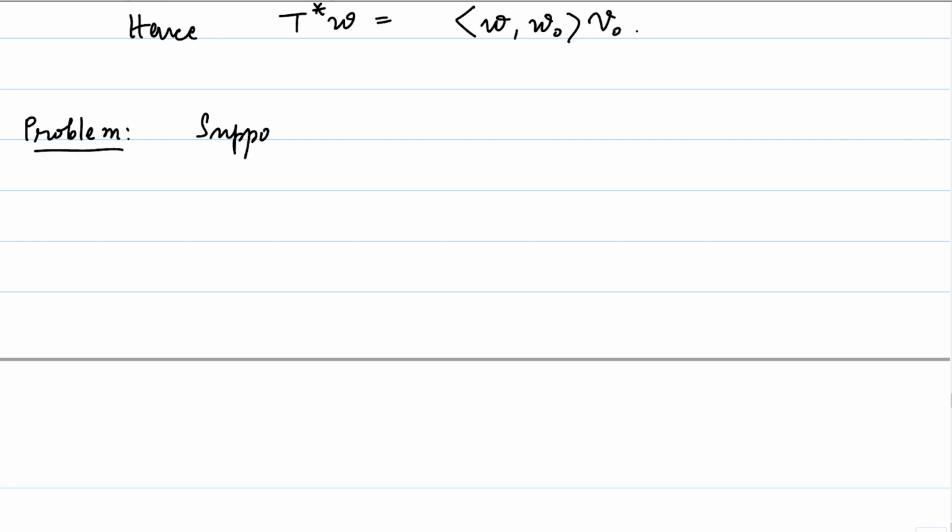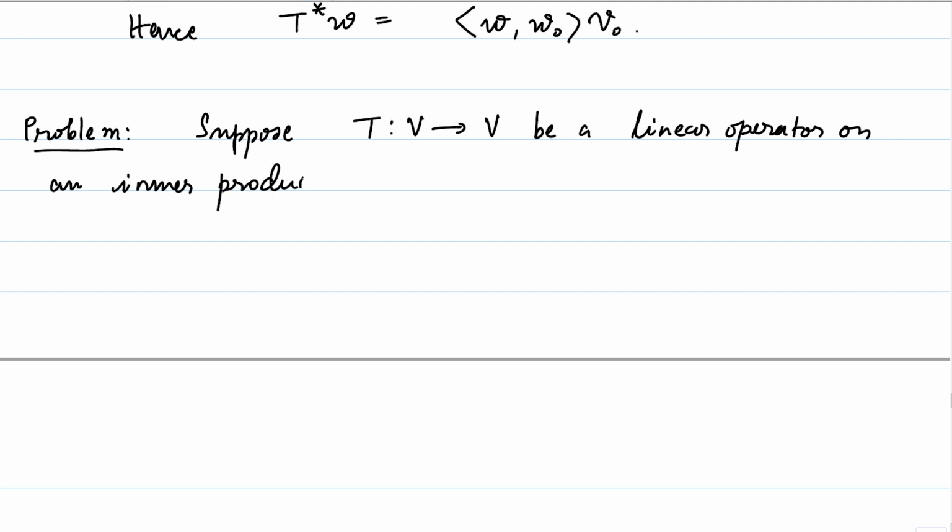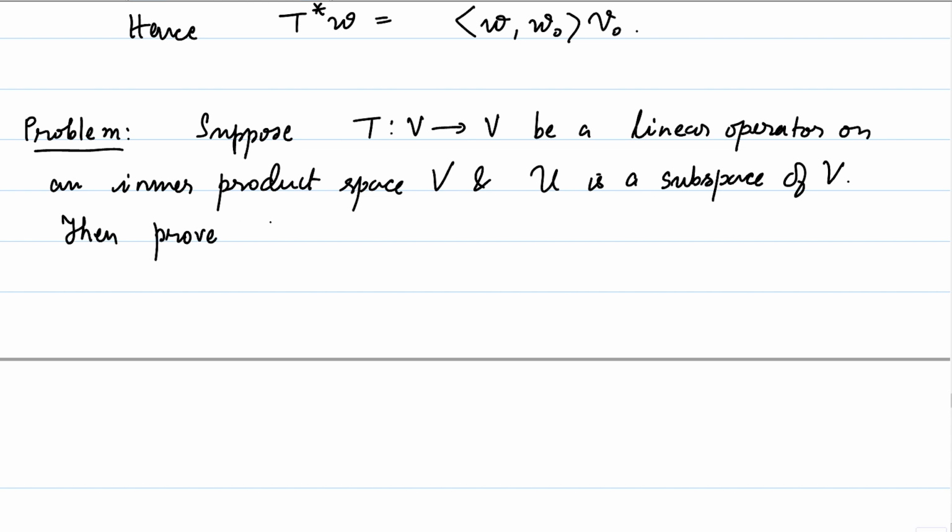Suppose V is an inner product space, T from V to V is a linear operator on an inner product space V, and suppose U is a subspace of V. Then prove that U is T invariant if and only if the orthogonal complement of U is T star invariant.